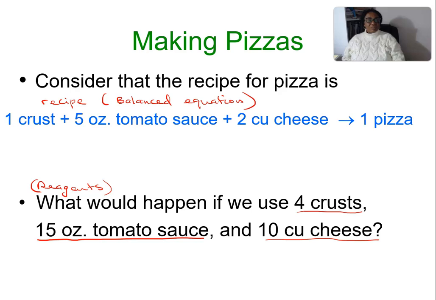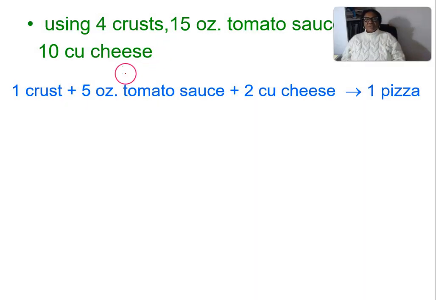But before we do that, we have to calculate what we are going to expect before we go to the lab and do the reaction. So, of course, this is the recipe, and this is what we have. In order to do this, we are going to use what we have to find out how much pizza each of these reagents, these substances that we have, will give us. That's what we'll do first.